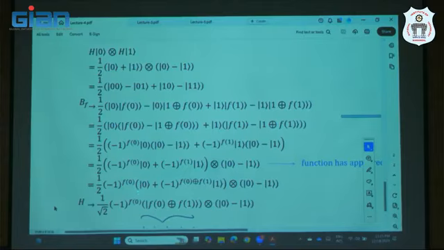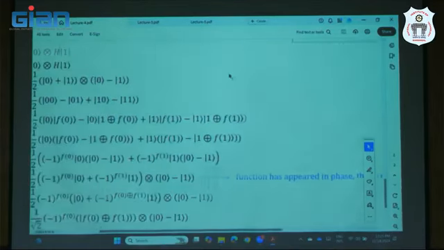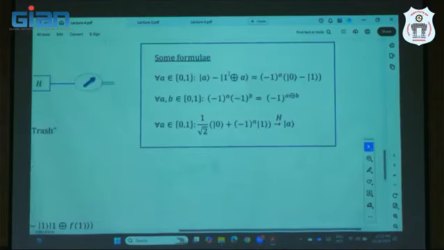Now there is one more formula, which is this one. For every value of A, 1 over square root 2 ket 0 plus minus 1 to the A ket 1 goes under the Hadamard transformation to A. Why?